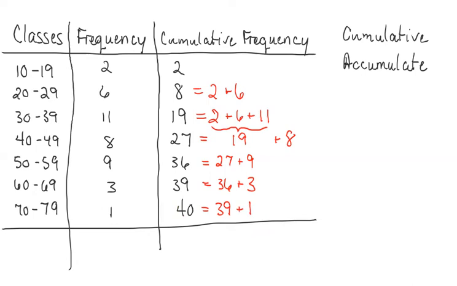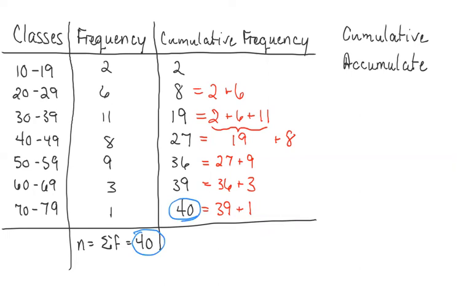Which, by the way, if you notice then, this here, the 40, is actually the sum of all of the frequencies, because at that point, we've accumulated the frequency of every single class in our distribution. So the sample size and the cumulative frequency of the last class should always be the same thing, because they are the same thing.